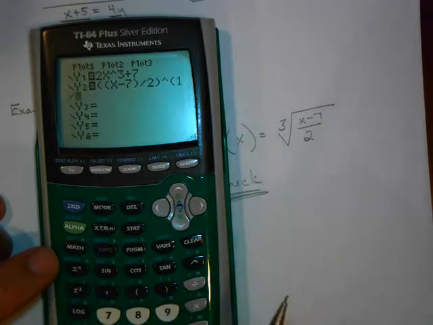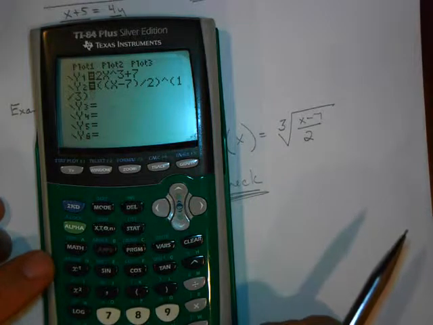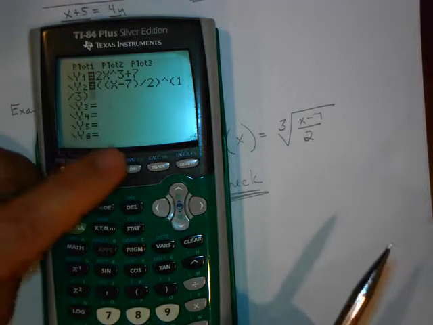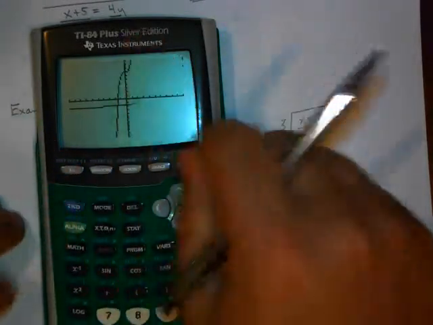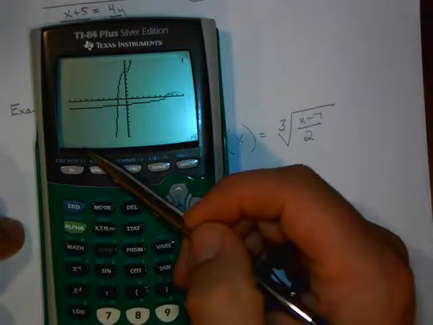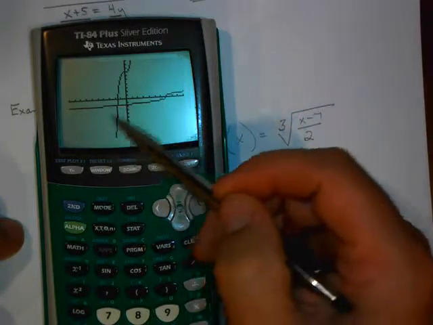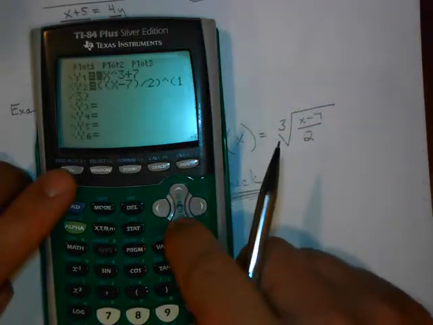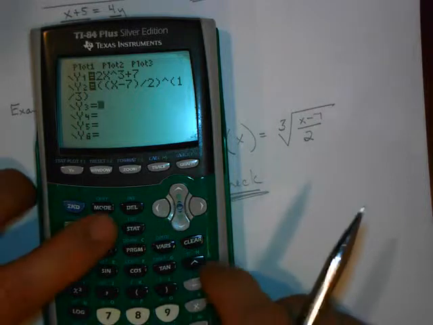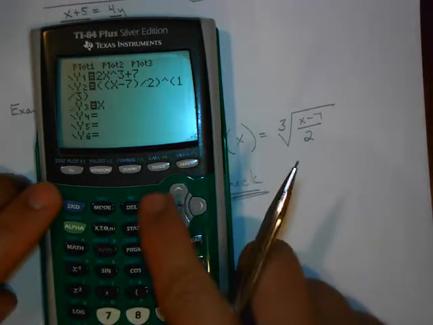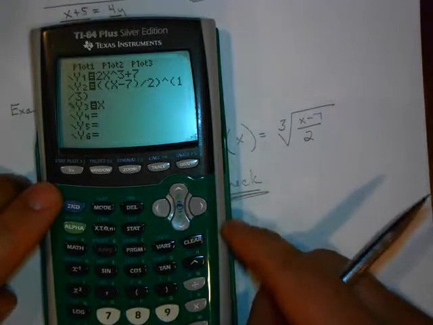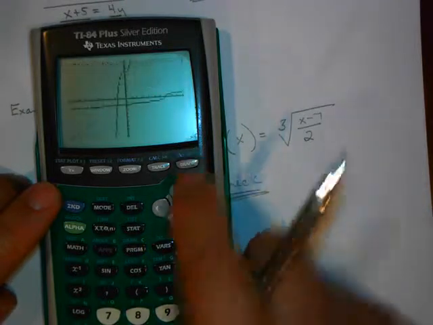Now if I go zoom 6, we should see something relatively symmetrical. Again, remember it's skewed a little bit in a 3 to 2, but you can see that line y equals x, and like I said, we could always put it in y3. Just put that x in, and I scroll way over to the left, hit enter once, will make it darker. So now when I graph, it's just going to be a bolder line. And see that that's pretty symmetrical.